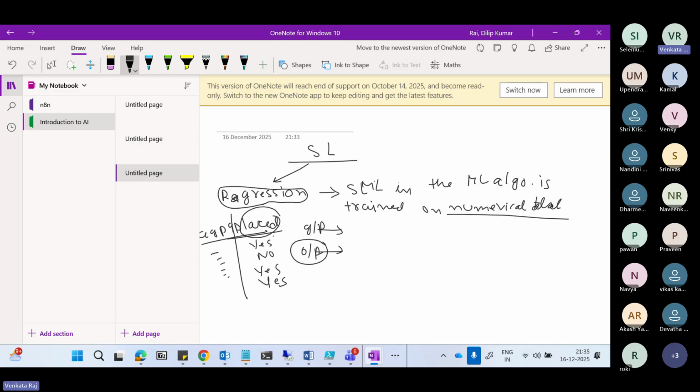If we want to convert it into regression form, we'll replace yes by 1, no by 0. So this is one small feature engineering. Only the output should be numerical. Input could be anything, numerical or categorical, both.